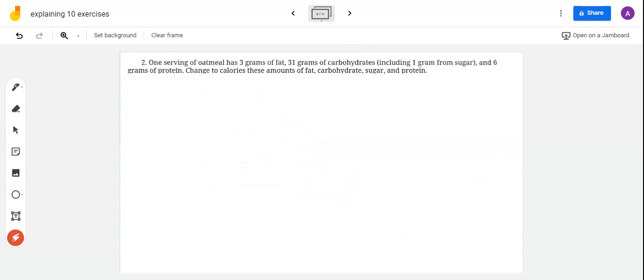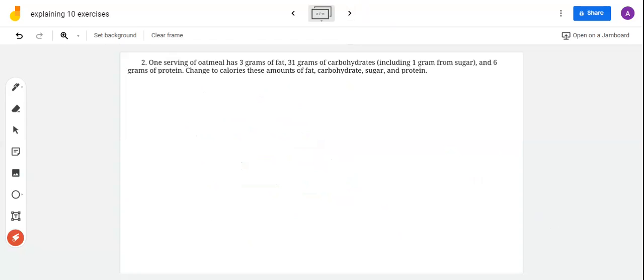All right, so let's hear question 2. One serving of oatmeal has 3 grams of fat, 31 grams of carbohydrates, including 1 gram from sugar, and 6 grams of protein. Change the calories of these amounts of fat, carbohydrate, sugar, and protein.